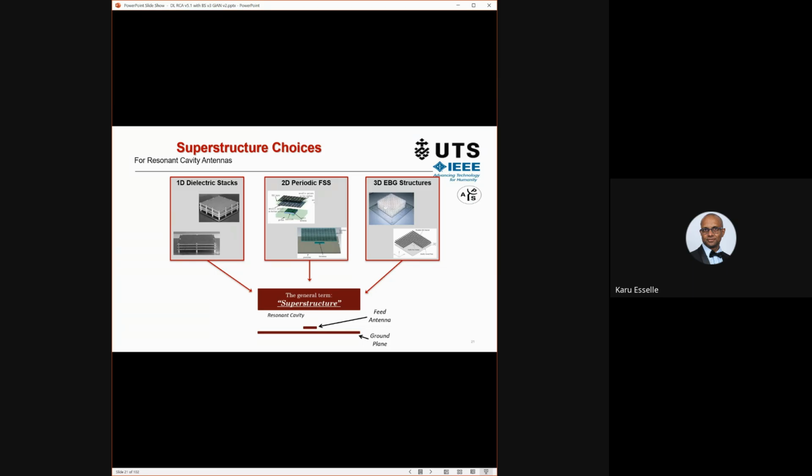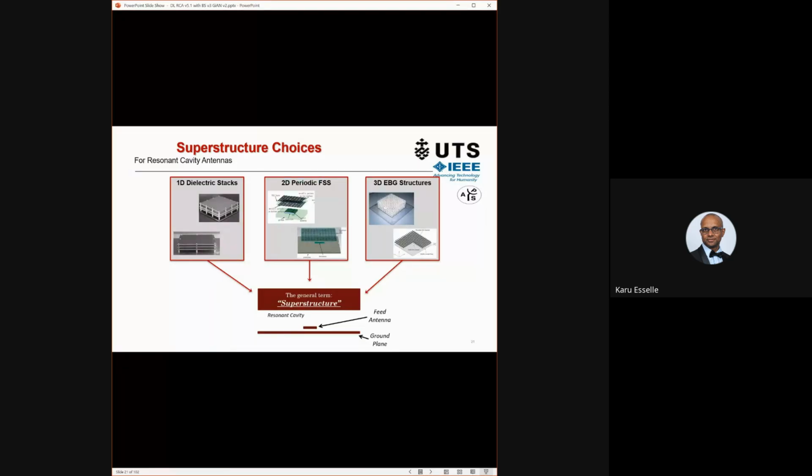If we put too many sections, it becomes almost fully reflecting, almost like metal, as we saw yesterday. But if you take only a few, like 4 layers, that's one section, it's a partially reflecting surface. So that will meet the requirements for the superstructure on a resonant cavity antenna.